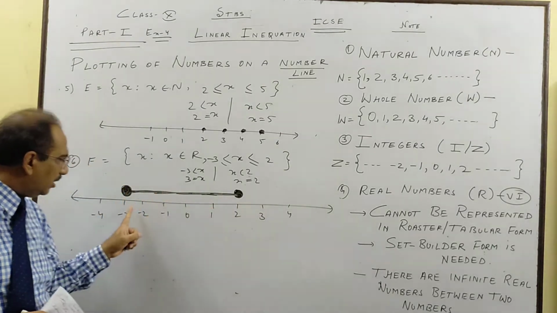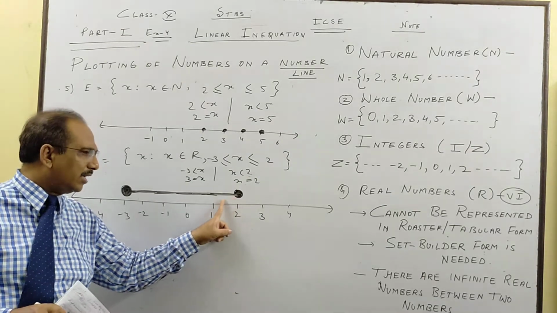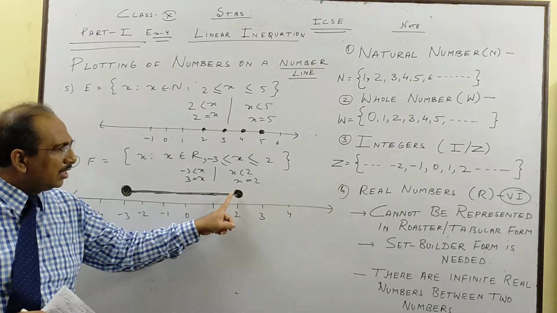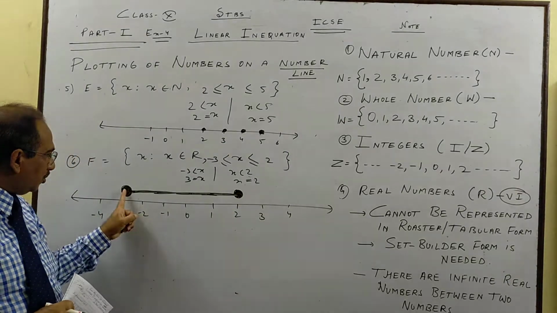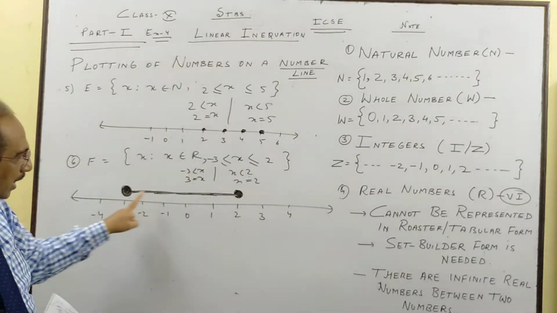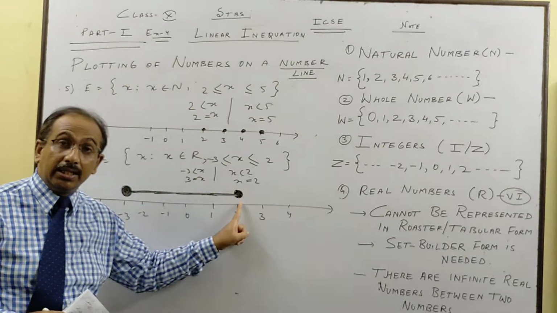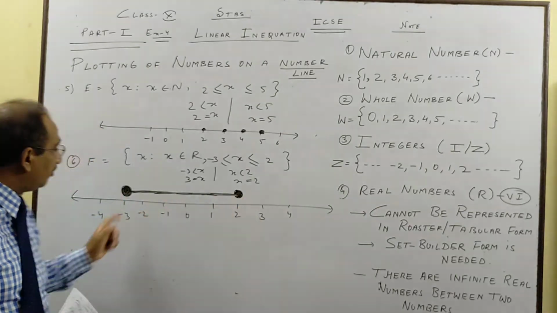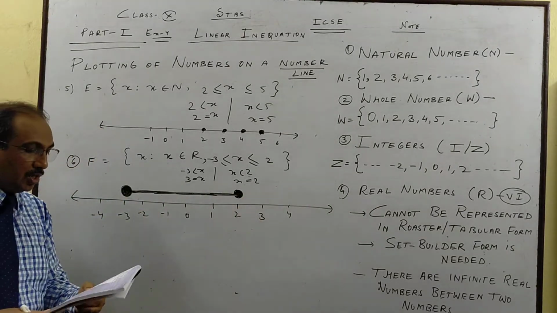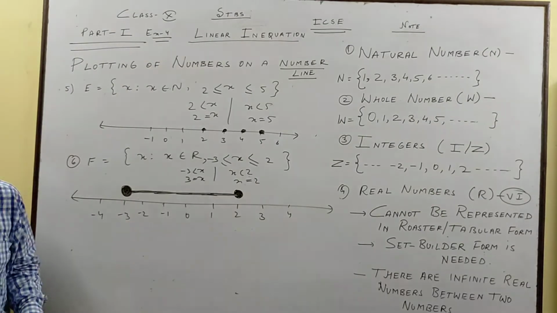So for real numbers, suppose you say less than or equal to 2, 1.99, 1.999, up to here, and even the last number is 2. So make 2 a darkened circle, join. X is greater than or equal to minus 3 and less than or equal to 2, both will be dark circles. Next I'll teach you another example where we have a hollow circle. Now you can pause the video and copy and practice this.